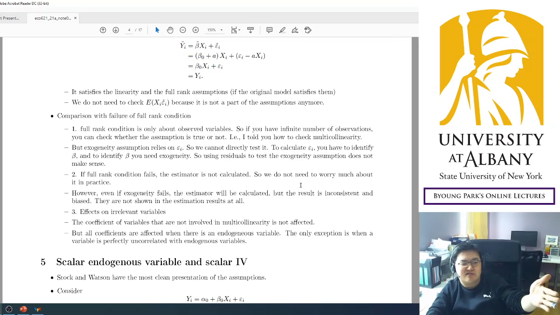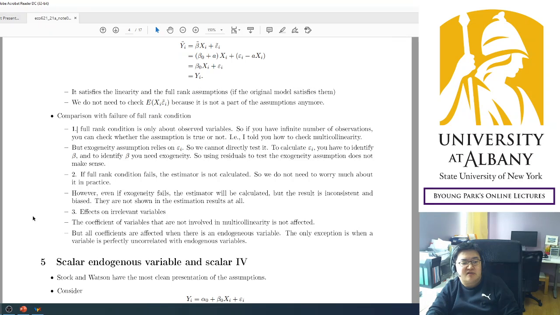That's exactly the same problem as number one. You cannot detect from the data whether there is an endogeneity problem or not. So it is purely your mind game, in your imagination. You have to check if the variable is endogenous or exogenous by yourself.